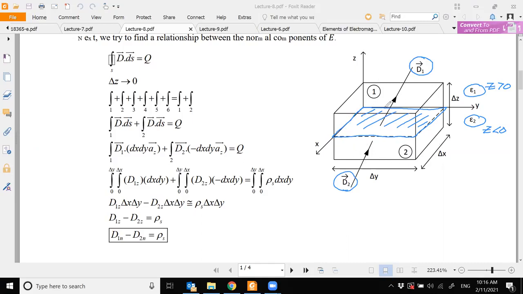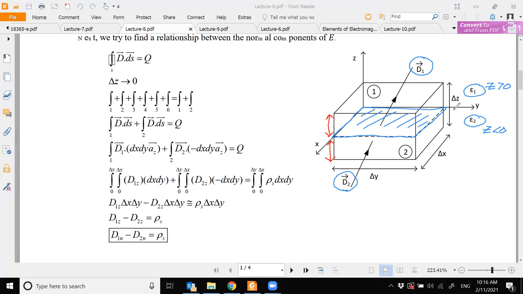I have placed the cuboid in such a way that half of it is in region 1 and half of it is in region 2. So half of the cuboid is above z equal to 0 and half is below z equal to 0. Its length, width, and height are delta y, delta x, and delta z.